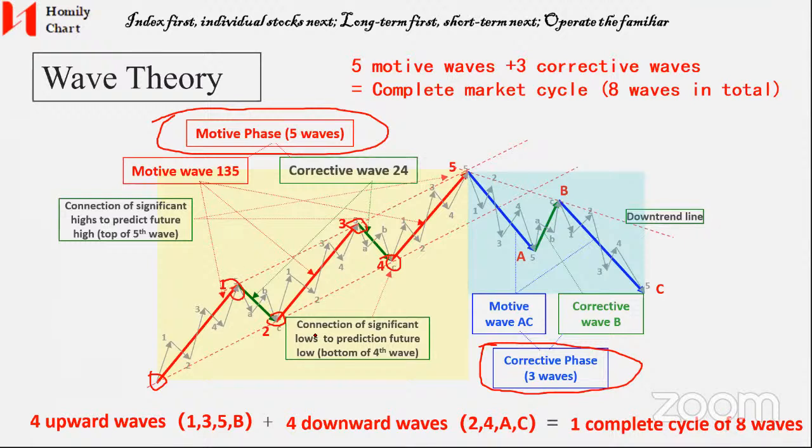So you can see the connection of the significant lows lets you predict the future low point, the bottom of the fourth wave. The low point of the fourth wave happened to fall on this uptrend line. And also you connect the high points of waves 1 and 3, and this connection of these two high points lets you predict the future high point, the top of the fifth wave.